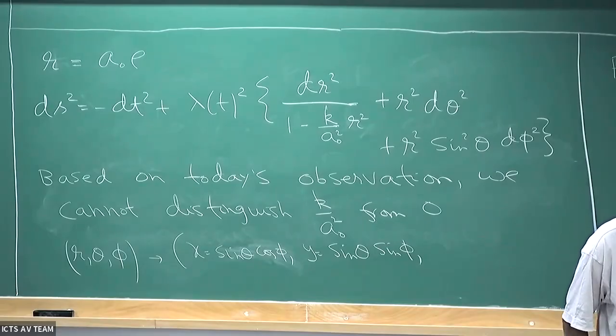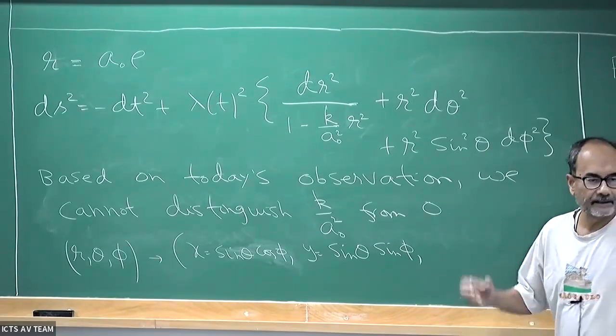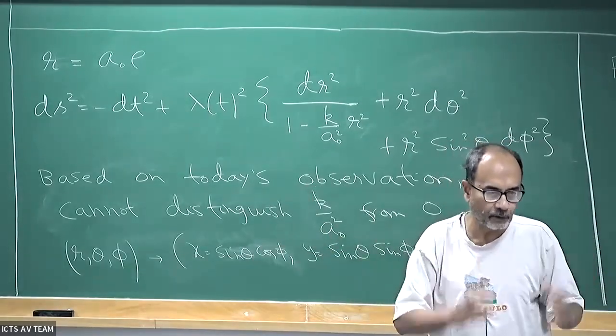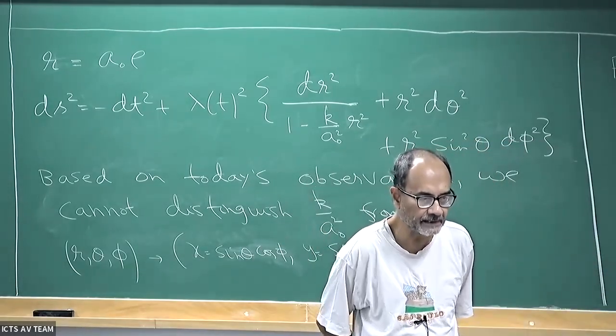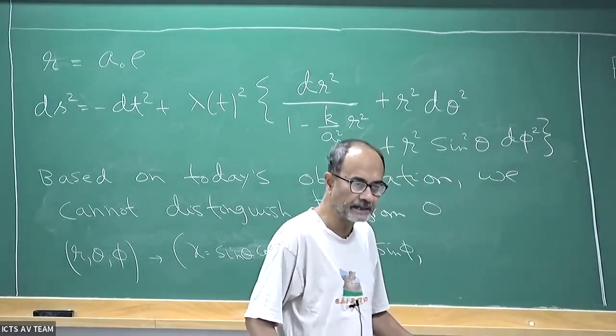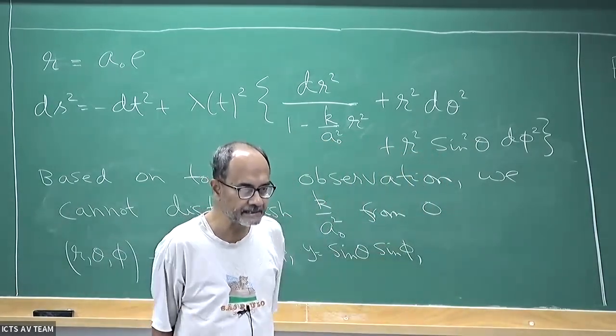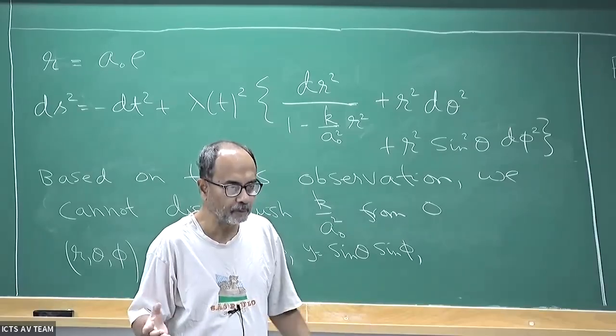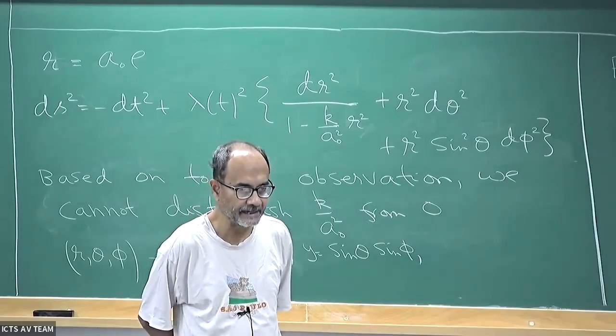And that's what is happening here. This may be a sphere, but if you take a very large radius, multiplying by a constant means that you're taking a very large radius sphere, that's almost flat. And what it is saying is that the sphere or the hyperbola is of such a large radius that whether it's sphere or hyperbola, you cannot see by current experiment.